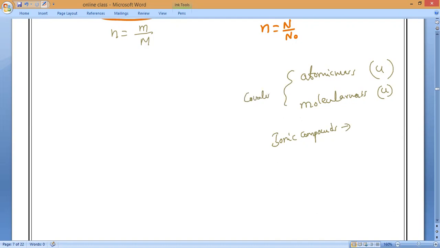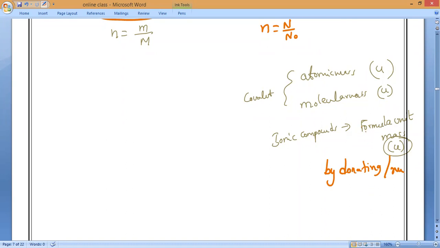For covalent compounds we say molecular mass, but for ionic compounds we have a word called formula unit mass. But what is the unit? For that also the unit is U. Because ions are formed by donating and receiving electrons, so they have only a negligible mass of electrons.